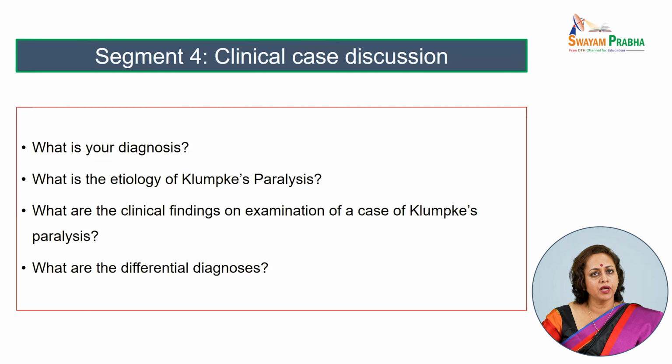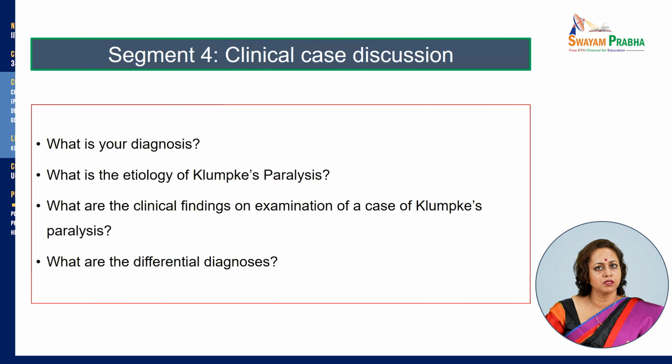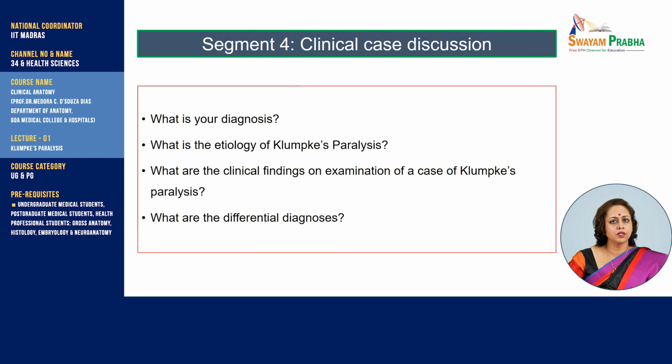Our fourth question, what are the differential diagnoses? So here I presented many differential diagnoses, one being fractured clavicle, the other one being anything that interferes with the arching of the fibers over the first rib, like cervical rib, thoracic outlet syndrome.